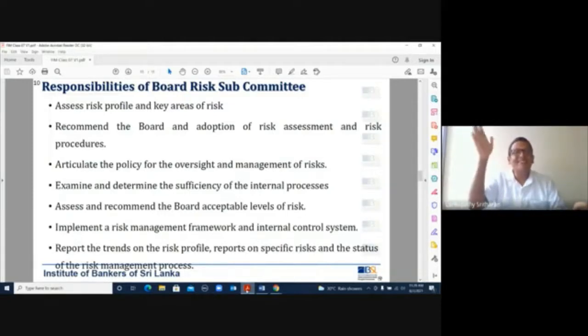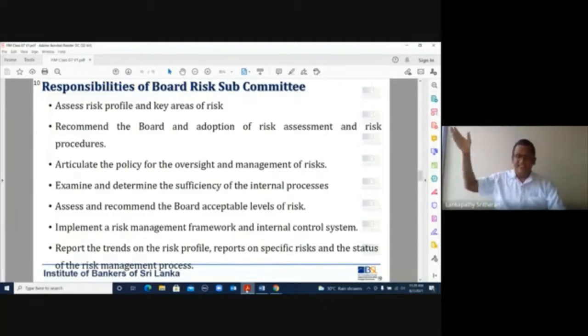They will assess the risk profile. Take equity investments, for example. These days the stock market is booming, so we can go for an investment. But in the long run, we have to continuously assess the risk, because we don't know what will happen to the stock market, given our bad experience in the past.